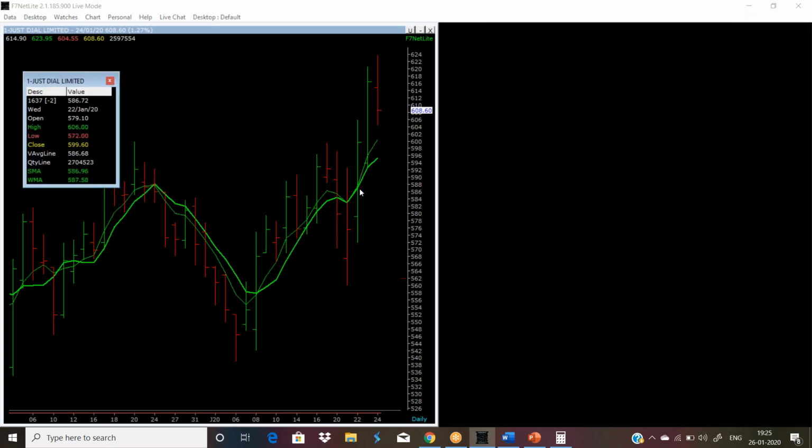The thick green line is the simple moving average, and the thin green line is the weighted moving average, because they have given a percentage to every price. The latest price has been given a percentage weightage, so that is calculated. So there is a difference in that.